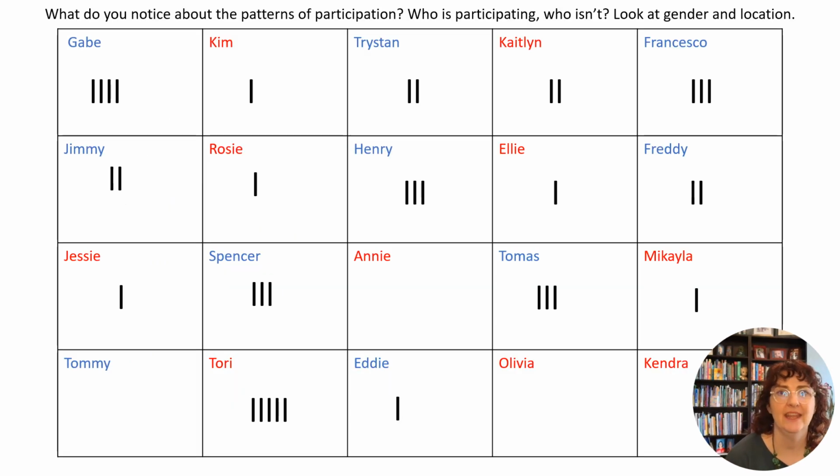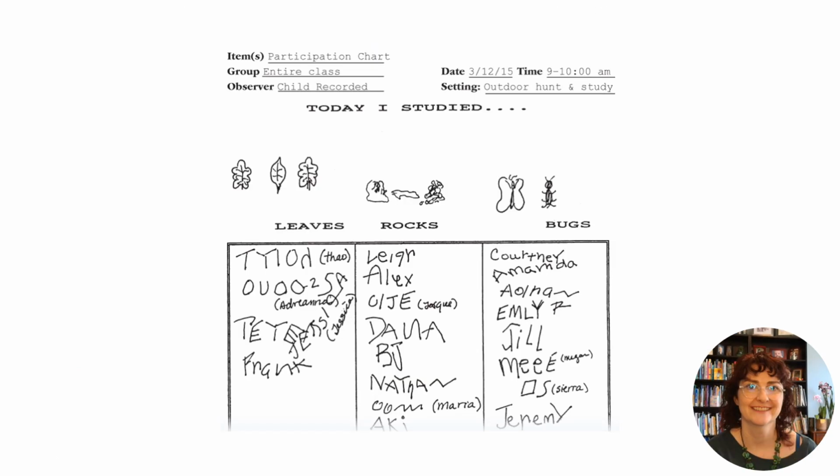Take a second and look at this participation chart. What do you notice? Who is participating? Who isn't? Look at gender and location. The front of the room is where the text is. This is another example of a participation chart, and this is where the children actually kept track of their own participation and what it was that they studied.